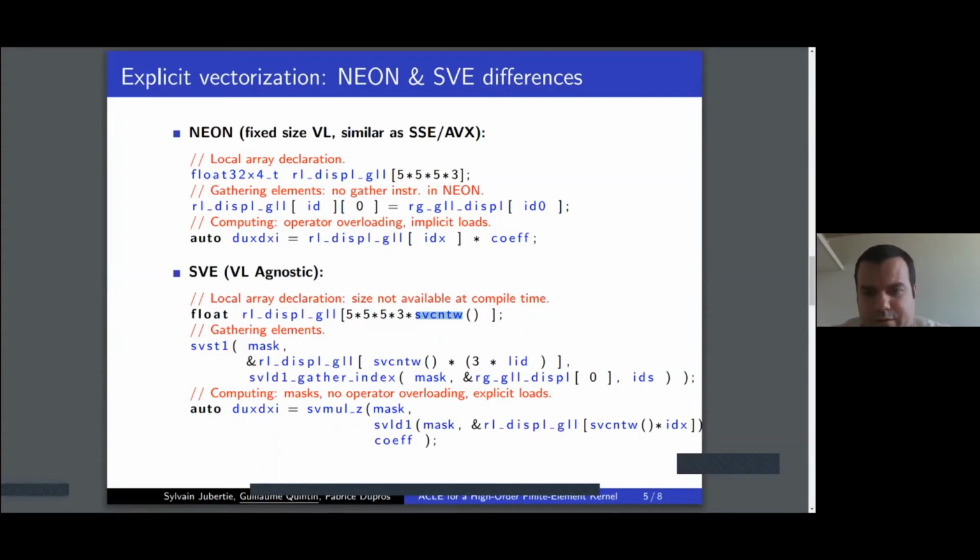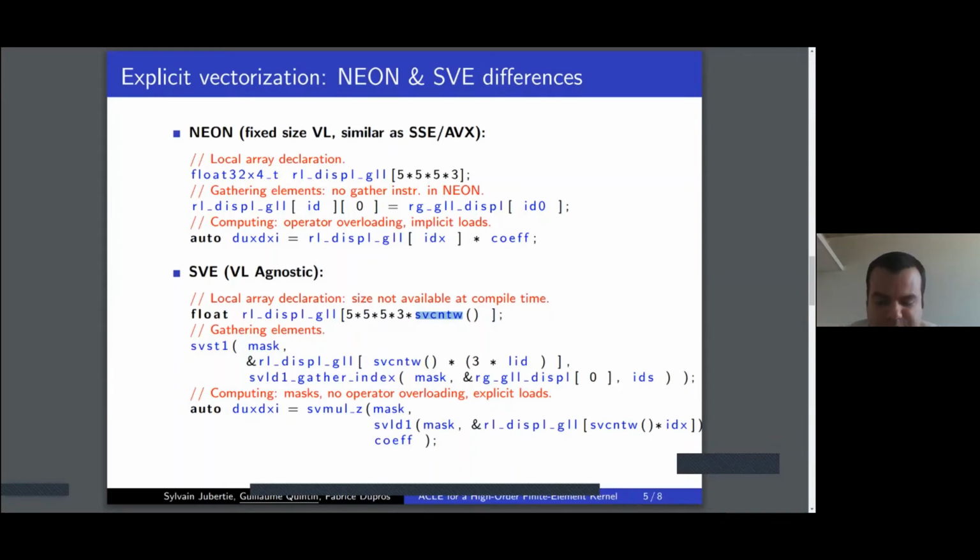Another drawback is that to get data into and put data back into this local array, we have to do explicit loads and explicit stores, which is not the case in the Neon version, because the array is known at compile time and you don't have to write explicit loads and stores.